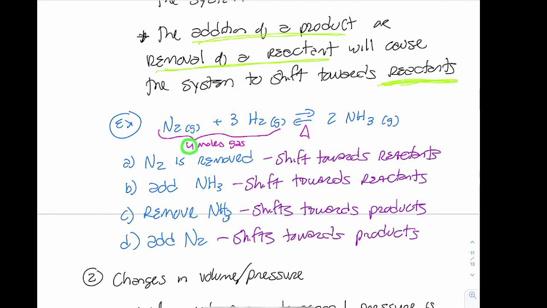All of those are gases, they both have G's after them, so 4 moles of gas on that side. On this side, I have 2 moles of gas. Just for kicks, let's say nitrogen was a liquid instead of a gas, then I would only have 3 on the reactant side because I wouldn't include nitrogen. We're only going to include ones that have the G after it, only the ones that are in the form of a gas.